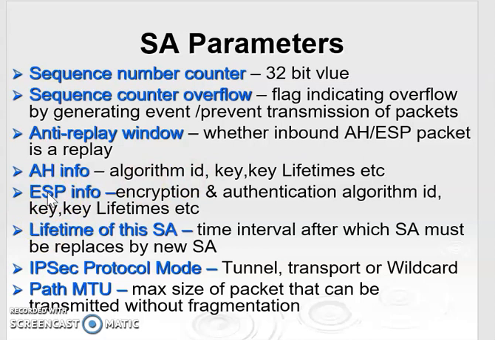Then we have the ESP information, wherein the encryption and authentication algorithm identifiers, keys, initialization values, key lifetimes and other related parameters are used. The next field is the lifetime of this SA, which tells the time interval for this particular SA, and whether the SA must be replaced with a new SA or terminated, plus an indication of which of these actions should occur.